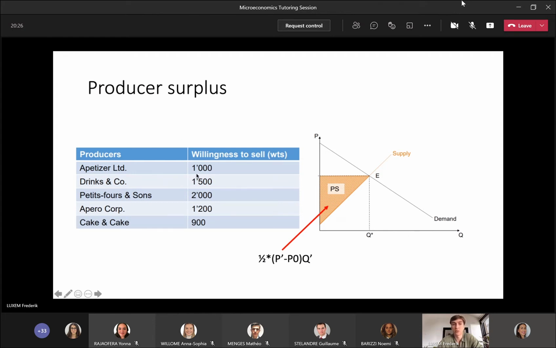Well, Appetizer is willing to sell already for 1,000 francs. So his individual producer surplus will be 1,000 francs, the difference between what the customer is willing to pay and what he expects as a minimum pay. And on the graph, it's represented the same, the area between the y-axis and the equilibrium price.